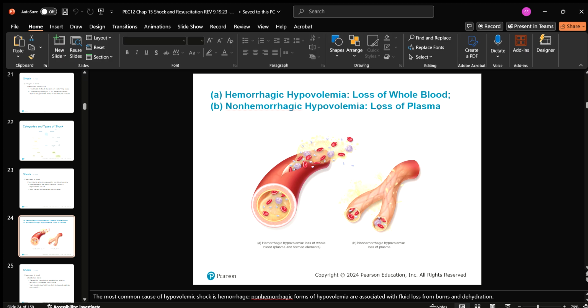Non-hemorrhagic, loss of plasma. What are some reasons that they may lose plasma? Diarrhea, vomiting, excessive urination. What's another cause of non-hemorrhagic loss of plasma? We just talked about it.